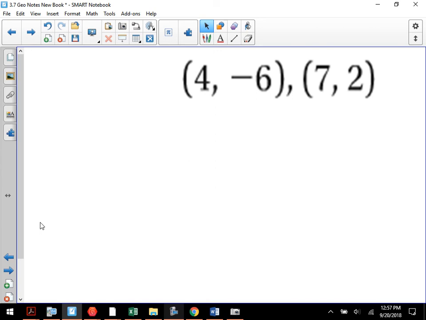My suggestion to you guys is to literally label everything as you are writing them out. First x value, first y value, second x value, second y value. Because now, when you go to fill in the formula for slope, which is change in y over change in x, guys, you fill in the blanks.